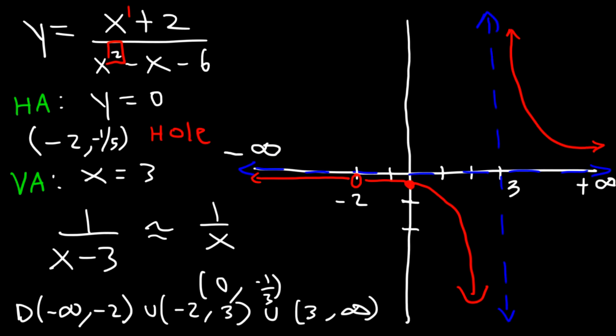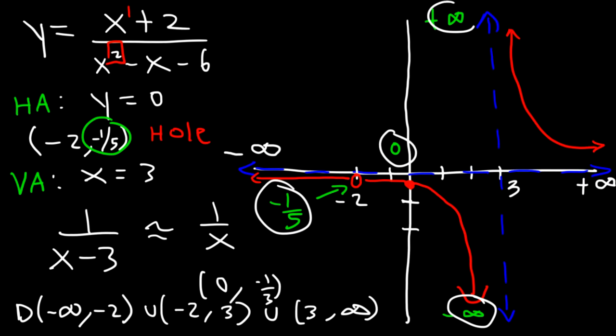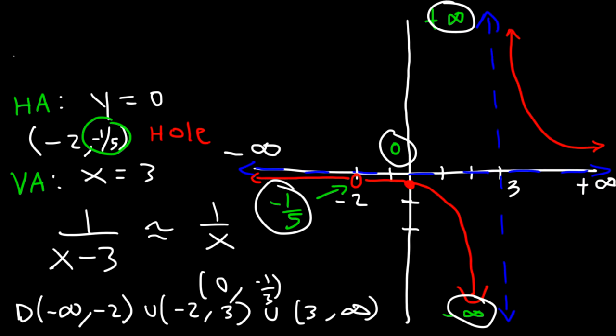Next, let's find the range. The lowest y value is negative infinity and the highest is infinity. Now we need to remove the y coordinate of the hole, which is negative 1/5, and we also need to remove the horizontal asymptote, which is 0. So writing it in increasing order from the top to the bottom, the range is going to be, first I'm going to need to make some space, so let's get rid of that.